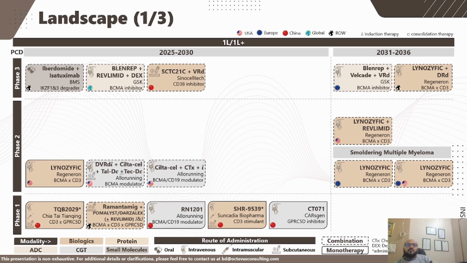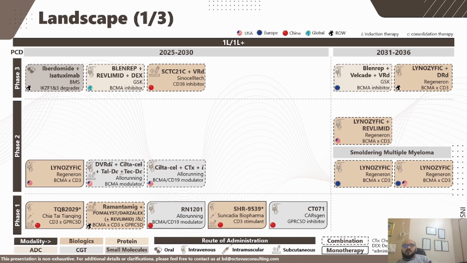In this section, you can see, based on the PCD between 2025 to 2030, in phase 3 we have 3 molecules being assessed from BMS, GSK, and Sinocelltech, which seems to be a Chinese product, and I think the location of the trial is also China.